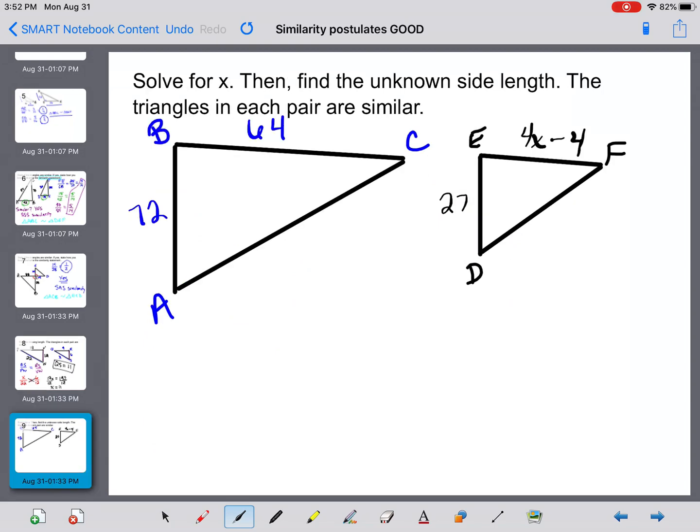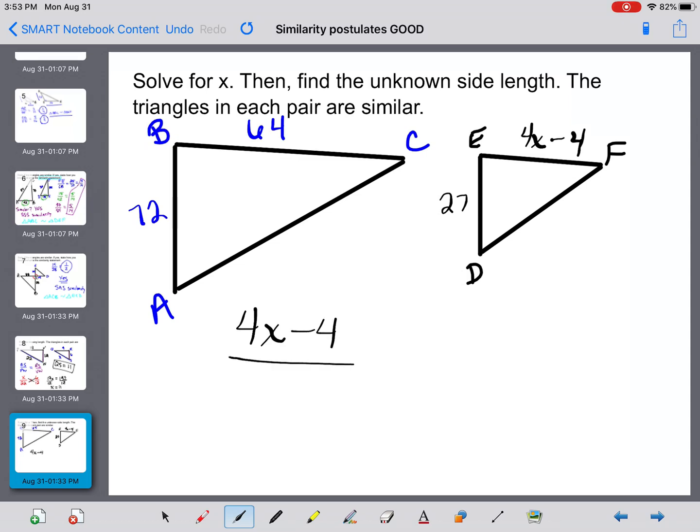Last example. Solve for X, then find the unknown side length. The triangles in each pair are similar. So if these triangles are similar, we can set up a ratio or a proportion by using the ratio of their corresponding sides. So we can set up 4x minus 4.